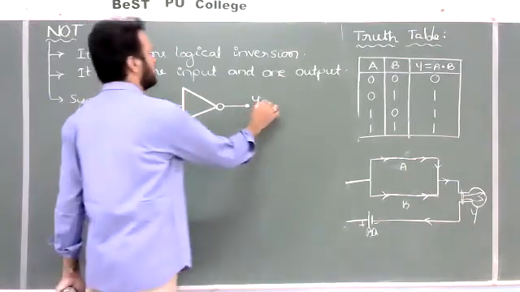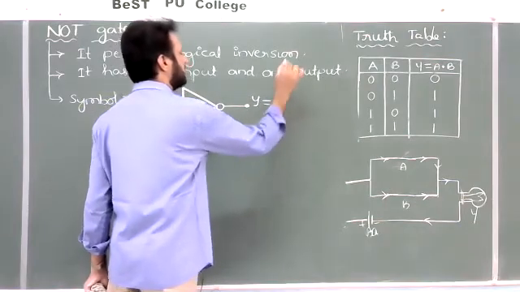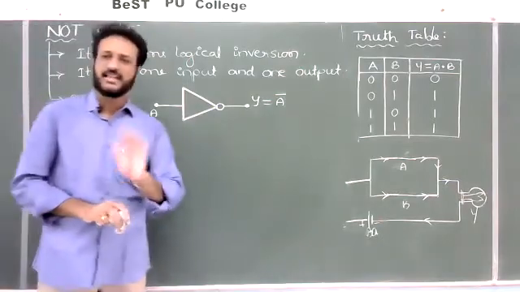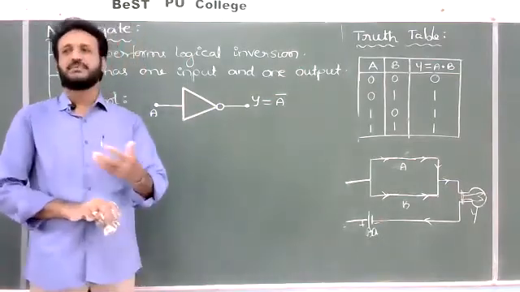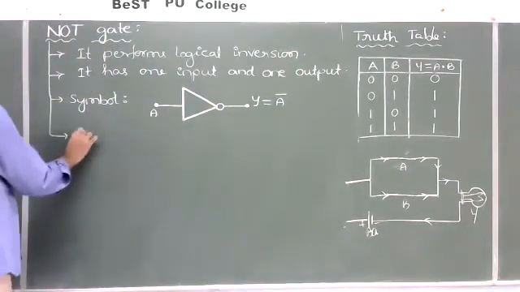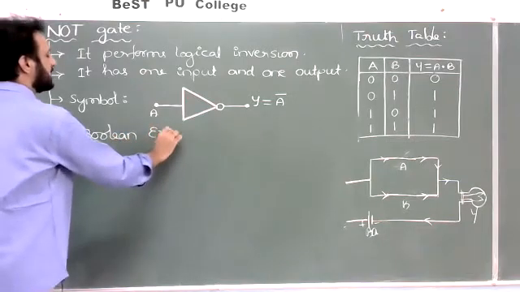While reading, Y equals not A. Not A means A complement, correct? A bar.